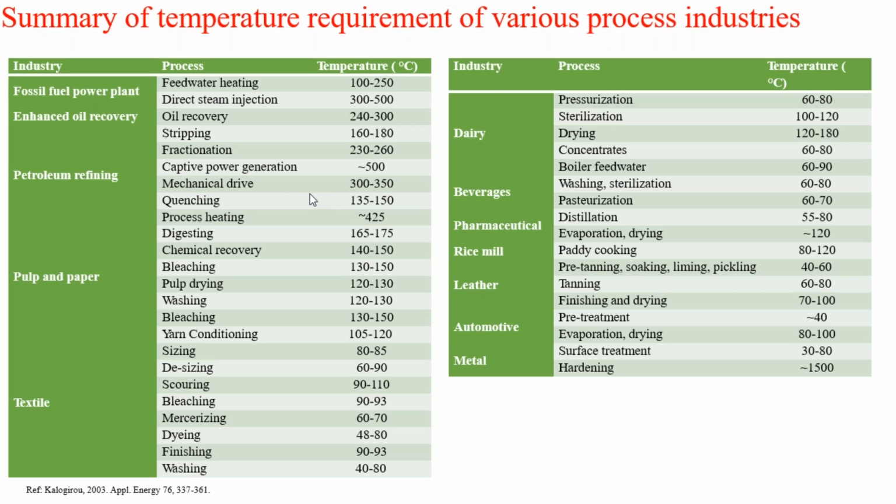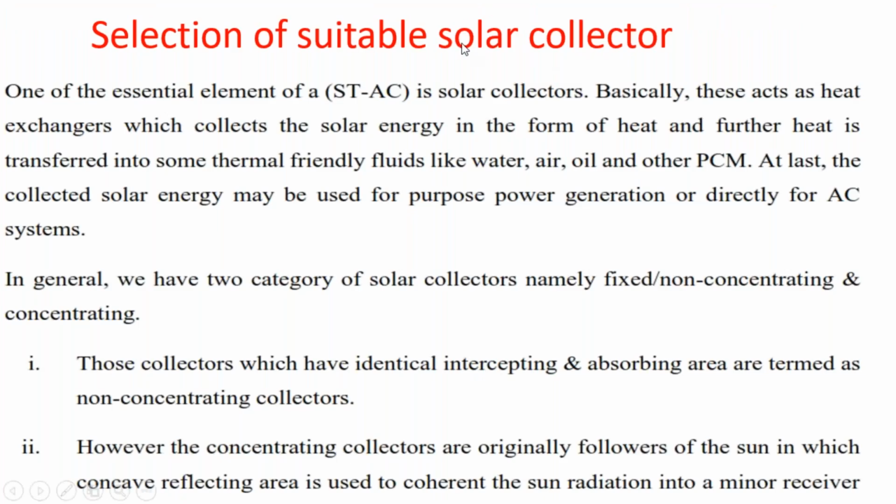Now again, the selection of a suitable solar collector is very important. This selection criterion matters, as I have taken the solar thermal air conditioning system. One of the essential elements of a solar thermal air conditioning system is the solar collector.